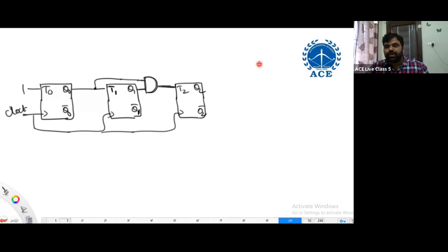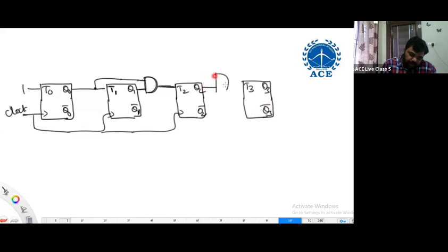You can design that 4-bit counter also later, not now. Here T3, Q3, Q3 bar, T3 is connected to Q2, Q1, Q0.